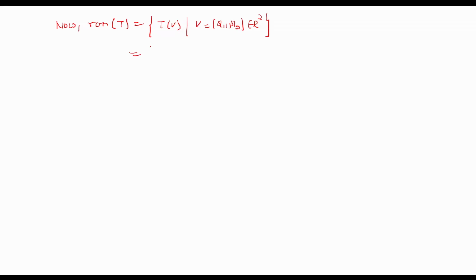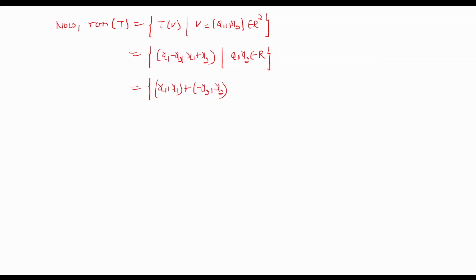So this is equal to T of v, which is equal to a(x1 minus x2, x1 plus x2), for all x1 and x2 belonging to the real numbers, because this vector, x1 and x2, belongs to R square, so both x1 and x2 belong to R. Now this is equal to a(x1 plus x2, minus x2 comma x2).